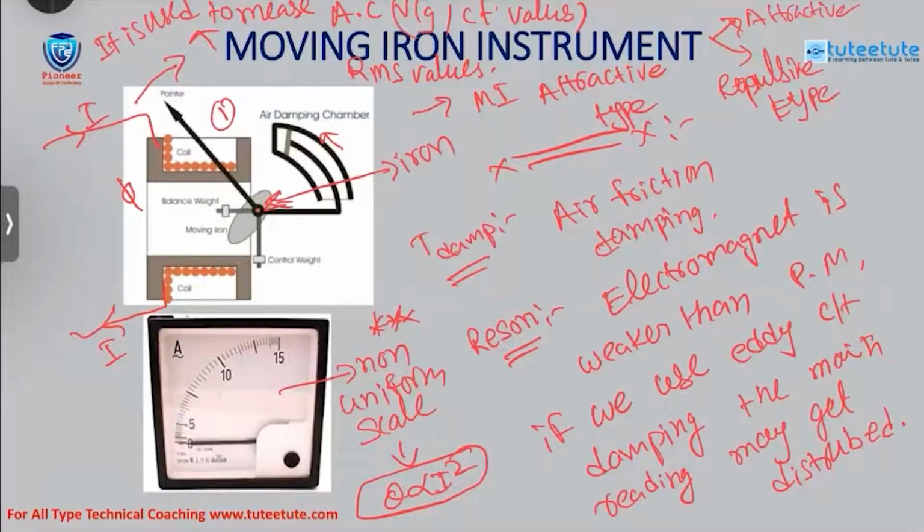So that's why it is limited to AC measurements. If you want, you can measure DC, but it has some drawbacks. That's why we use moving iron only for AC and PMMC for DC.